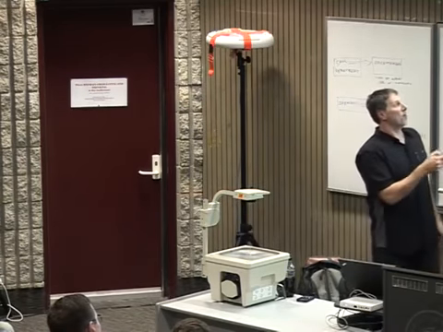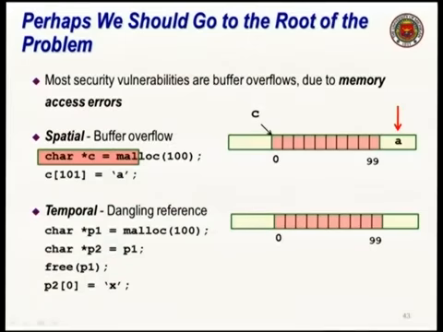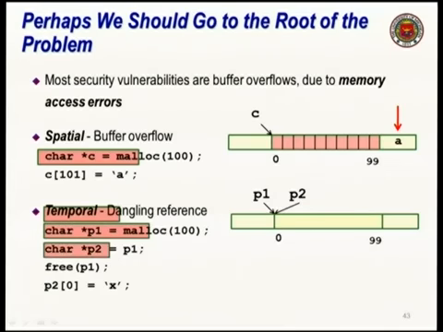The temporal buffer overflow. This is where you have a buffer, somebody frees it, but through an old pointer, we can still write to that. There may be a new variable there that we can access. C allows this. C++ allows this. Java doesn't. Java does garbage collection.